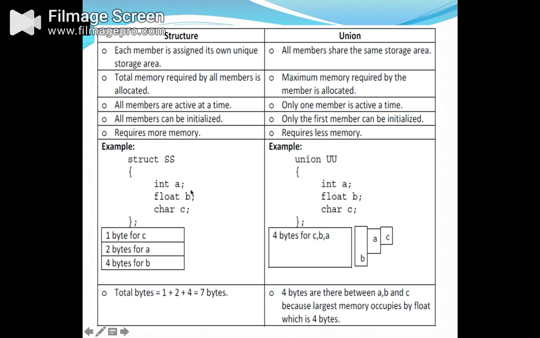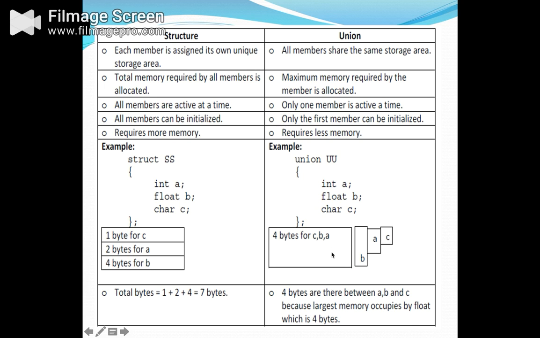Here it's a bit different. In a structure, each variable has its own space. 1 byte for C, as a character takes 1 byte, 2 bytes for A, as an int takes 2 bytes, and the float takes 4 bytes. In total, it will take 7 bytes. So here is the difference between a union and a structure.